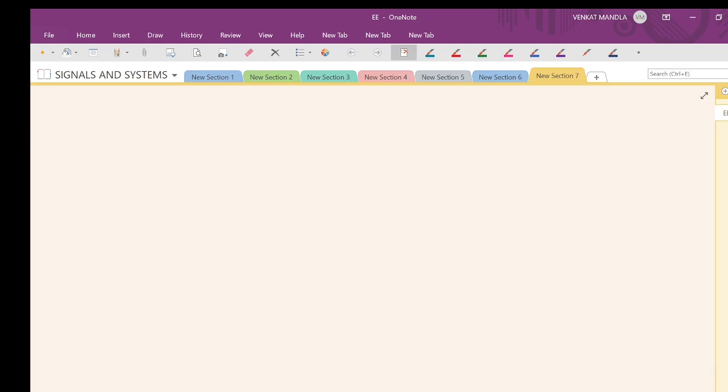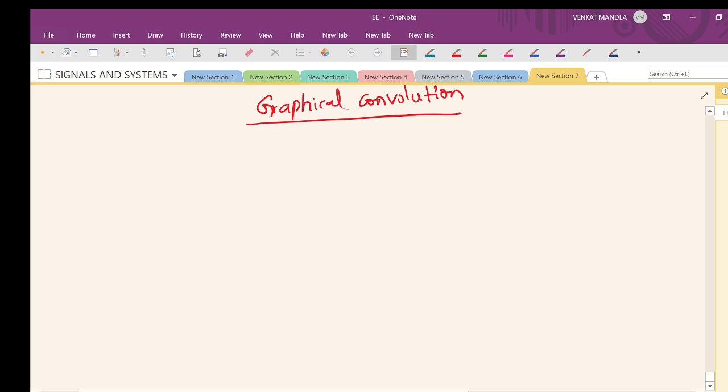So the next topic in linear time invariant systems is graphical convolution. Suppose I have been given two signals, let's say this is x(t), which is from 0 to 4.